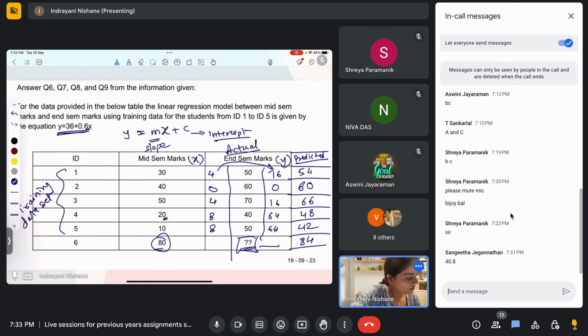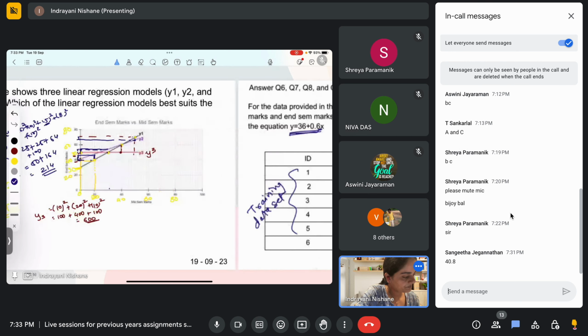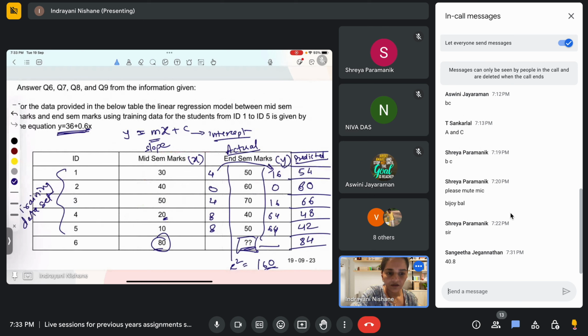So what will be the final r square value for this? 16 plus 16, 32 plus 64 plus 64, 160. Yeah, 160. We just add all the values, right?